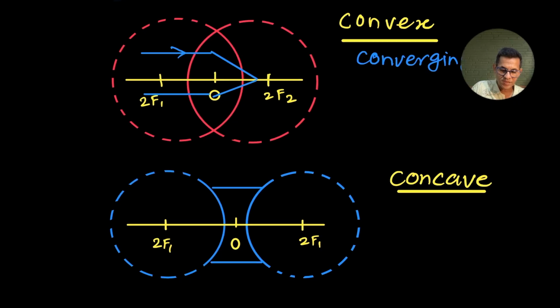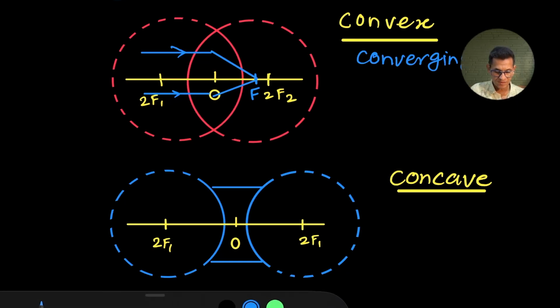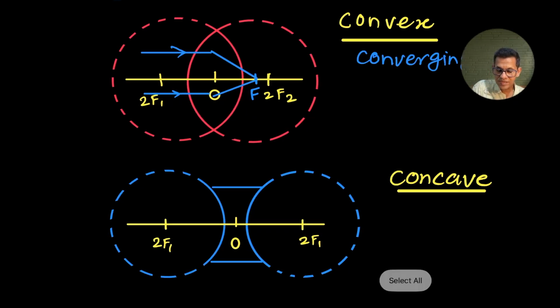This point where they converge or meet is called the focus, given by F. But since the lenses have two spherical surfaces, I can pass light rays from the other side as well.